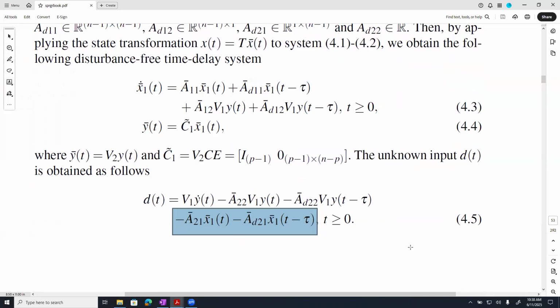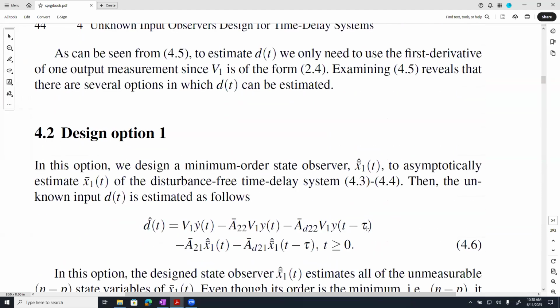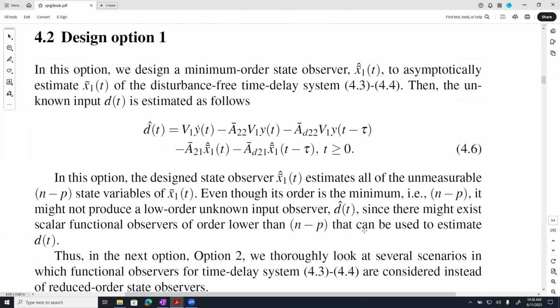And we demonstrate various options for estimating that generalized functional, varying from estimating instantaneously the unknown state vector, the entire unknown state vector, and then realizing it through this combination. We delay it, and then we realize the generalized functional, the estimation of it.